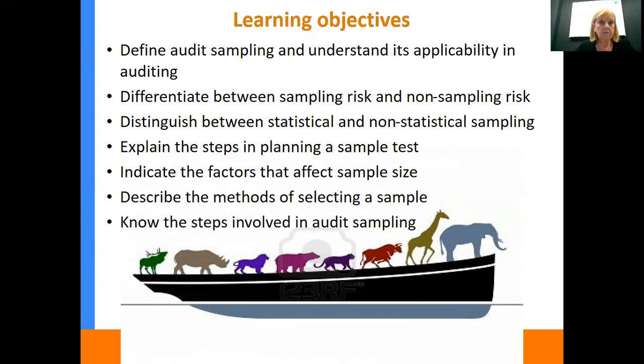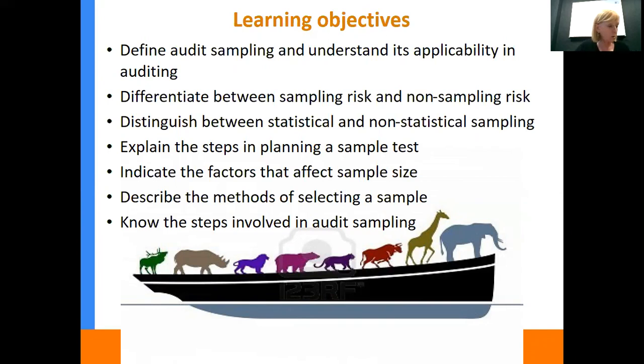You need to be able to differentiate between sampling risk and non-sampling risk, distinguish between statistical and non-statistical sampling, explain the steps in planning a sample test, indicate factors that affect sample size, describe methods of selecting a sample, and know the steps involved in audit sampling.